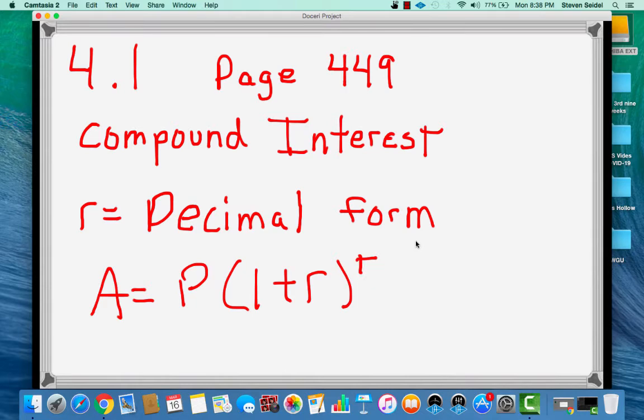See, we're dealing with exponential. T is usually in the form of time, and that is in years. This particular formula is for when you are compounding annually.